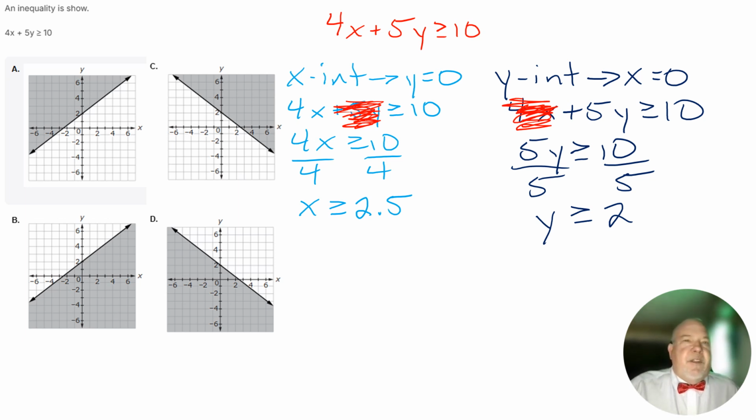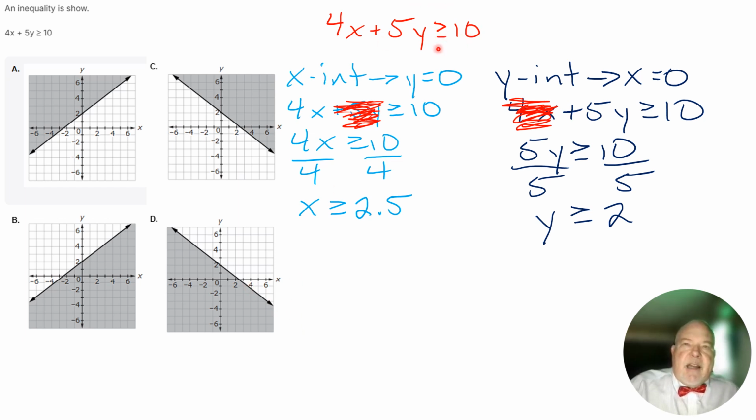So there's a couple things now. The only difference between these is the shading. But let me point something out real quick. When you're graphing an inequality, if the inequality has a line underneath it, meaning or equal to, then you graph it using a solid line like these.